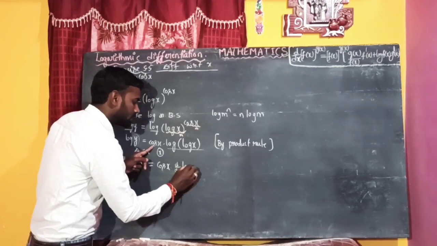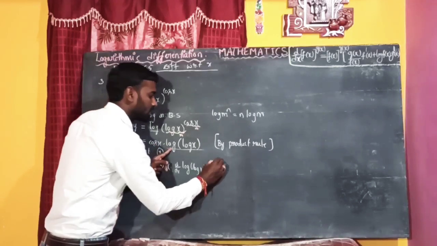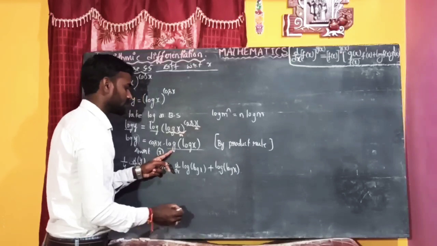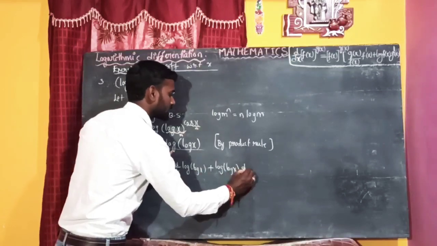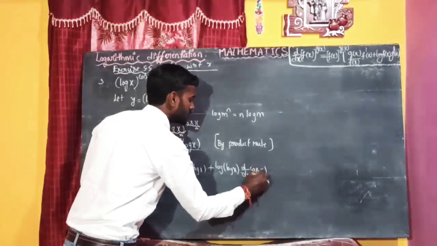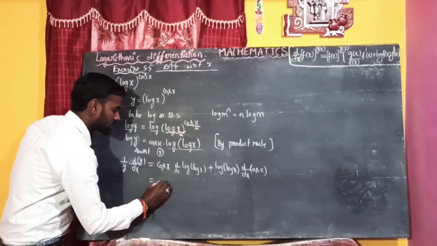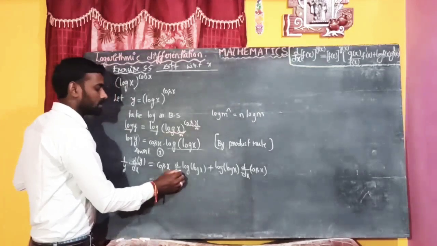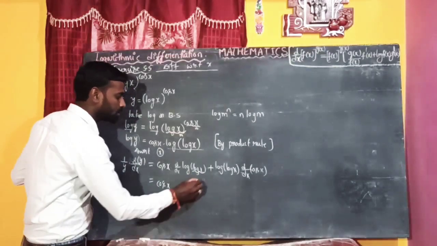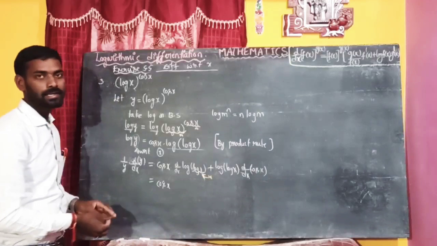Here d by dx of log x, plus second function log of log x into the derivative of the first function. The first function here is cos x, into d by dx of log x. Now this is of the form log u, where in place of u here it is log x.